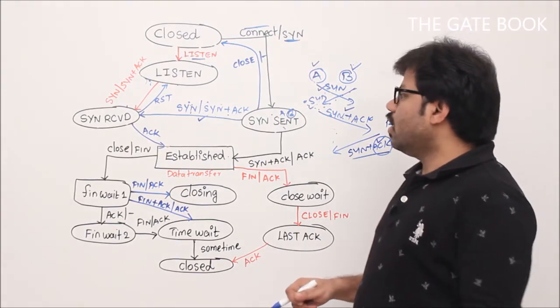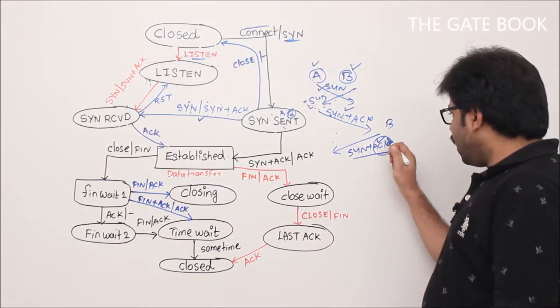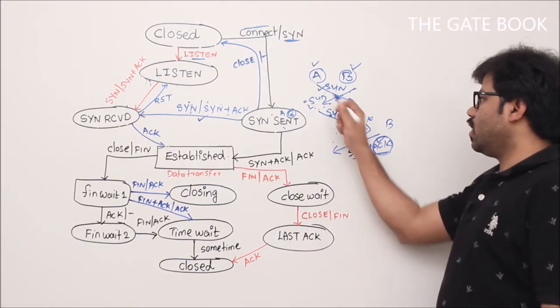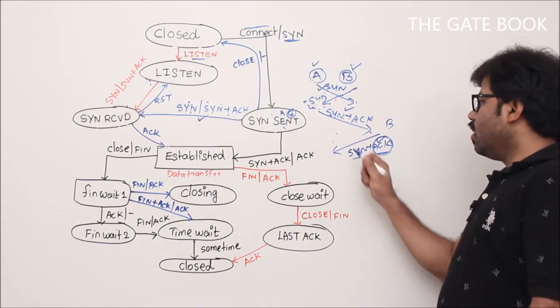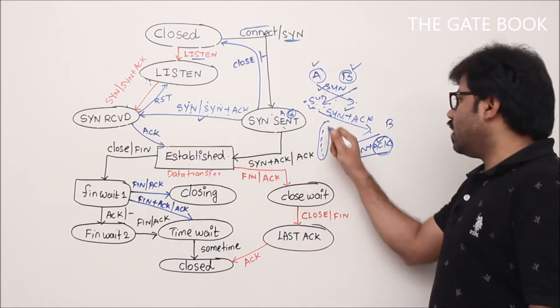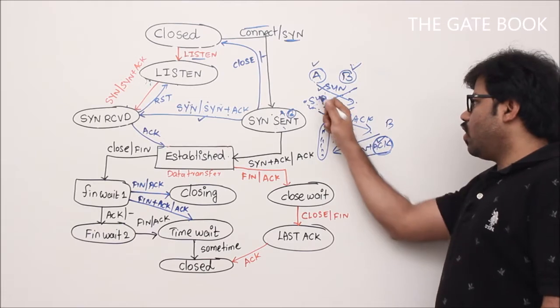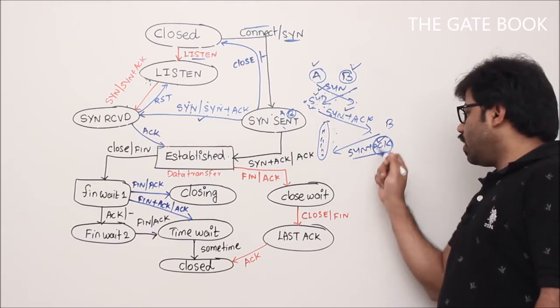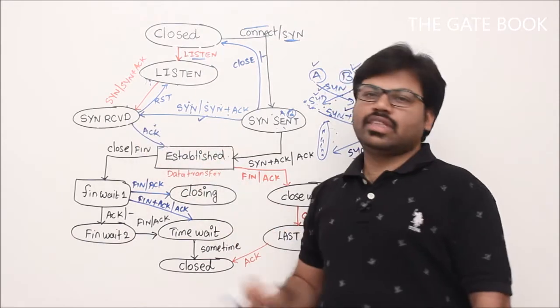Now in the SYN received state, we will be waiting for ACK from B. Let's recall: SYN, then SYN plus ACK you are sending. After that we are waiting at the SYN received state. Then you get SYN plus ACK, but we already got the SYN. The extra thing you are getting is the ACK. So when you get the ACK, we go to the established state.